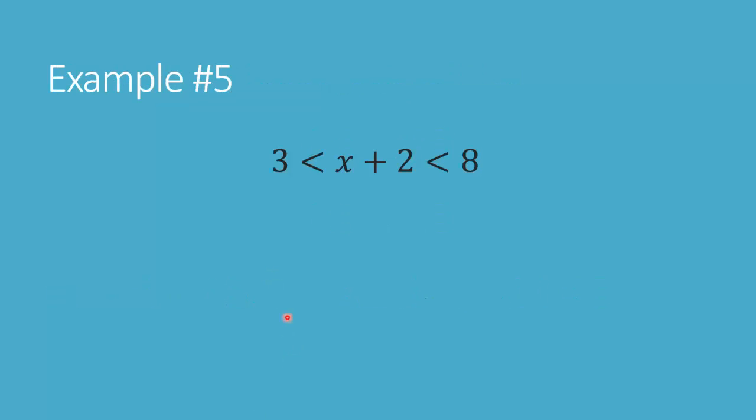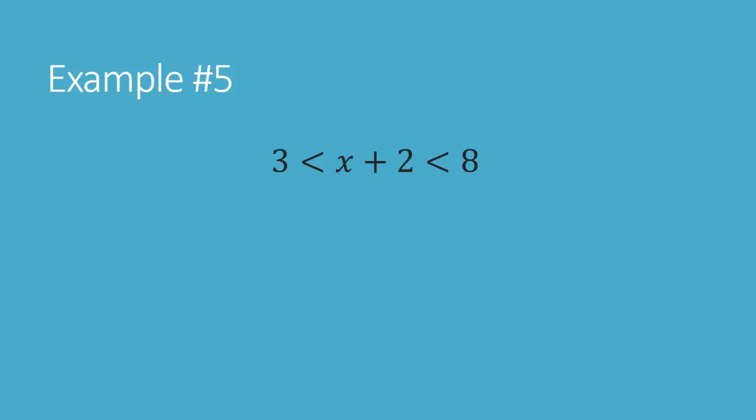Now, how do you solve these? Especially when we have x in the middle with a plus 2. Well, the easiest way to do it is we treat it just like we do our other inequalities and our other equations, only we're doing it as if within a single line.